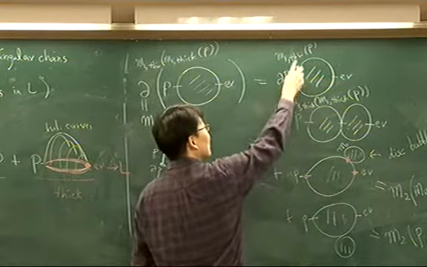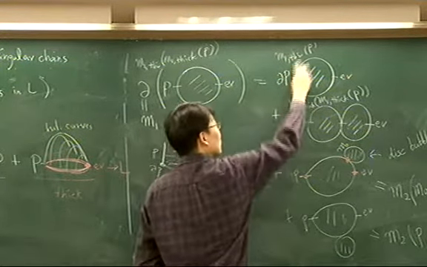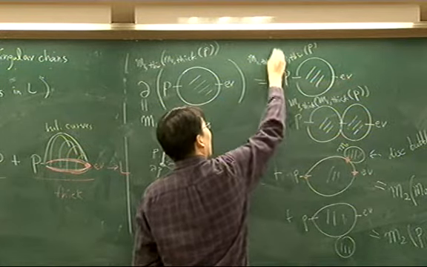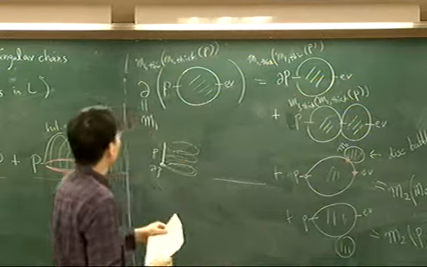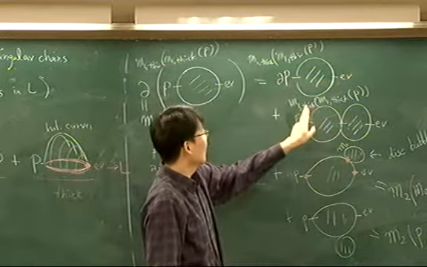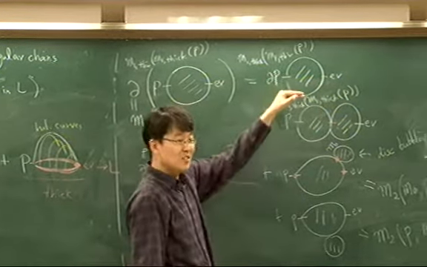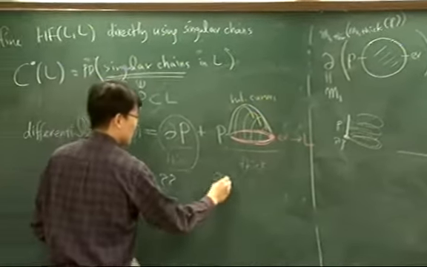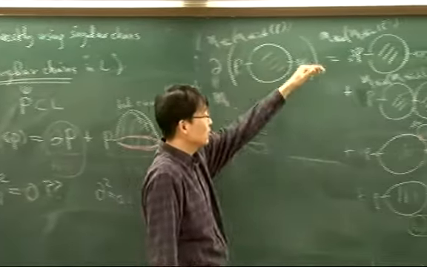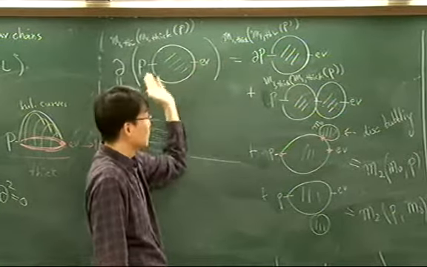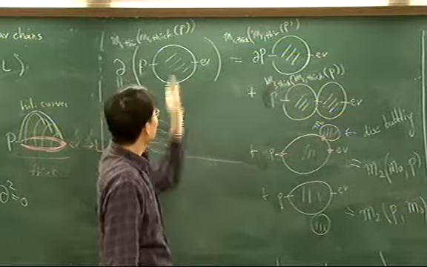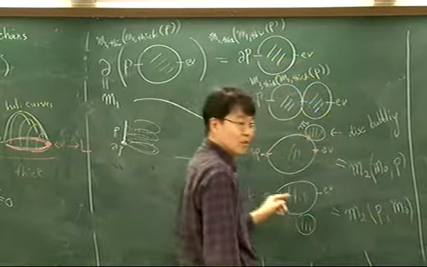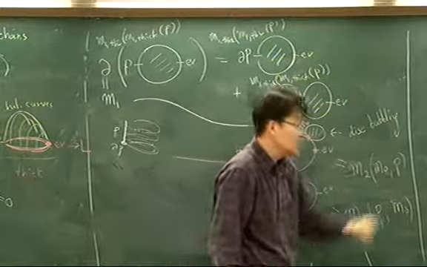So this is m1 thin of P, which is a boundary, and then you take m1 thick. So you have thin-thick, thick-thin, and thick-thick. But thin-thin already squares to 0, since boundary squared is 0. So you have all the terms. These 3 contribute to this m1 squared, and the other 2 contribute the other one.